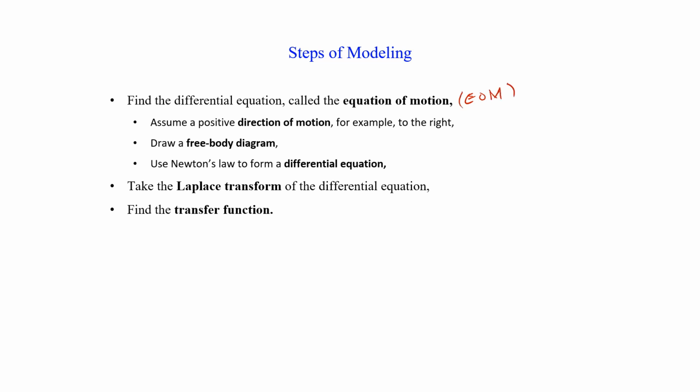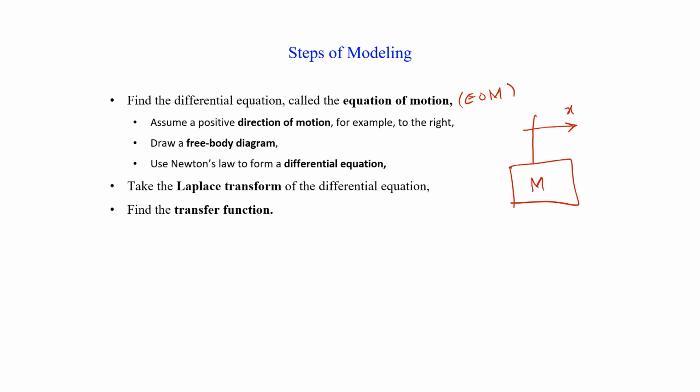To find the equation of motion, firstly we will assume a positive direction of motion, for example to the right, and it is generally expressed as this symbol. This shows that here's some body, and the default direction of the displacement of the body is towards the right, and generally we represent a body by its mass.